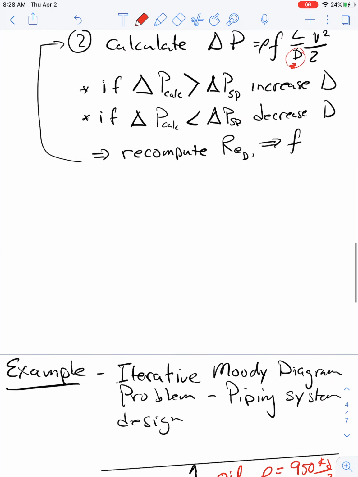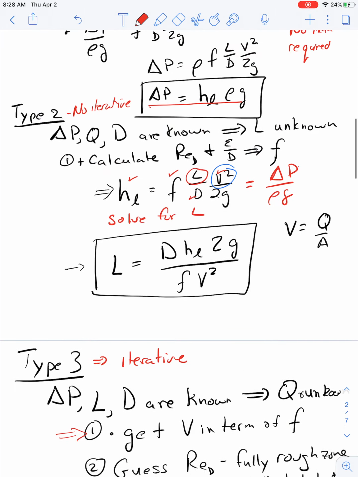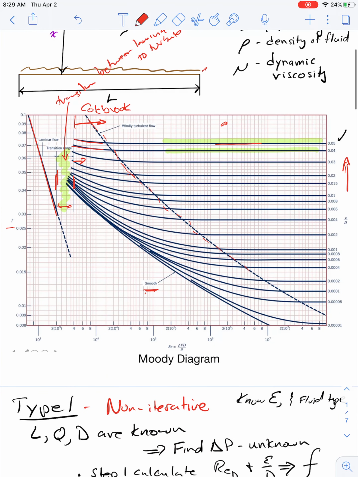So we can go back up to our Moody diagram. Here it is, and find 0.0002. That's over here, and I'm going to draw a line across here.